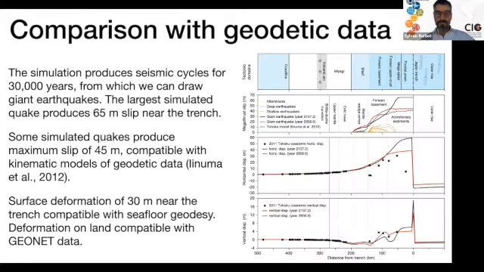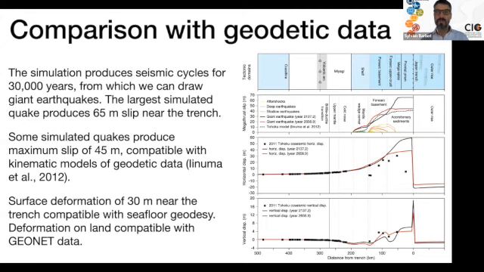So the model can then be probed. It produces, in this case, 30,000 years of simulation for every model considered. And so in this catalog of synthetic earthquakes, we can draw giant earthquakes and compare them in a statistical sense to the one observed at Tohoku in the Miyagi segment of the Japan Trench.